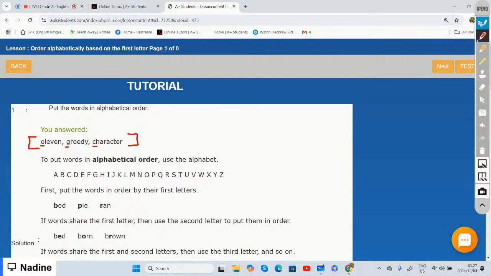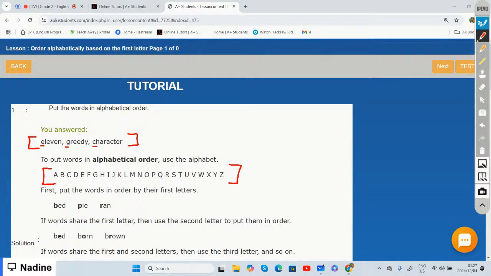All right, so we need to put these three words in order. If we look at the alphabet specifically, here we have eleven, we have greedy, and we have character. Look at the first letters of the words.